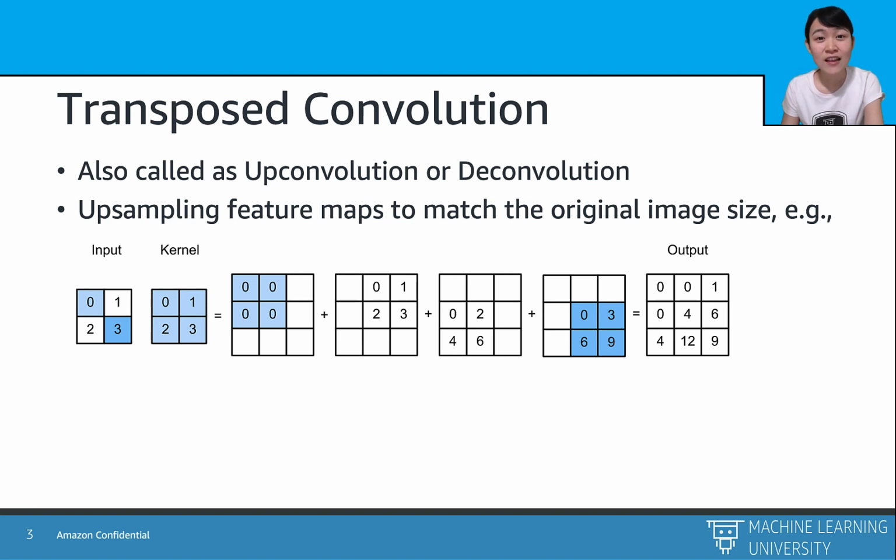In FCN, the transposed convolution is used to upsample the feature maps to match the original image size, which is in the visualization here. We apply this 2x2 transposed convolution kernel on each cell of the 2x2 input matrix. Then we sum up these products together into a 3x3 output.